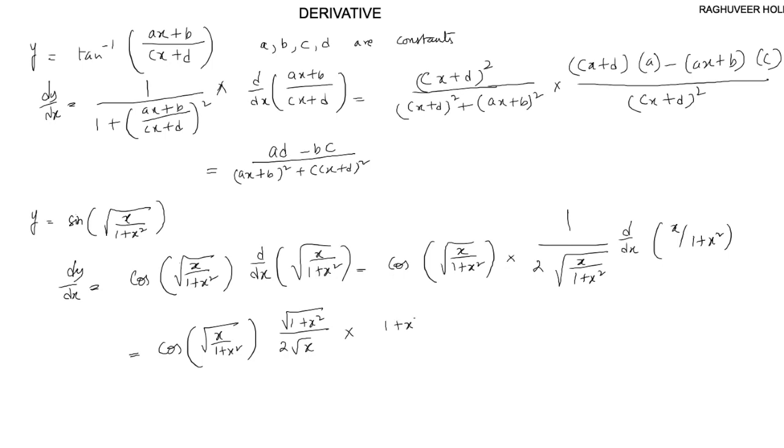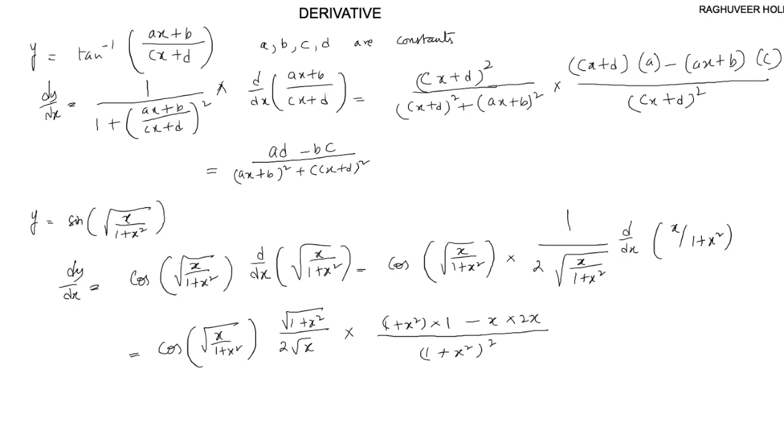And multiply (1 plus x square) into (1 minus x) multiplied 2x. This whole thing divides by (1 plus x square) whole square.